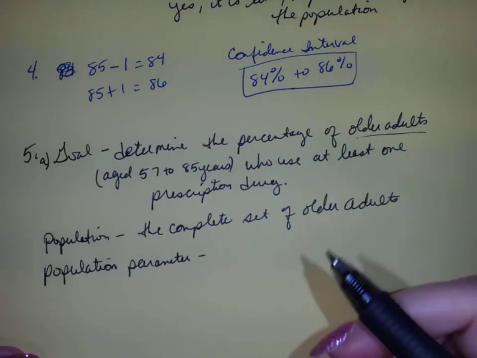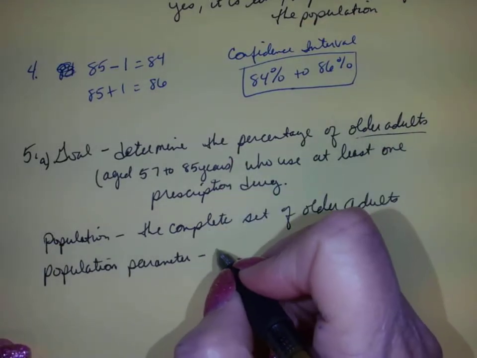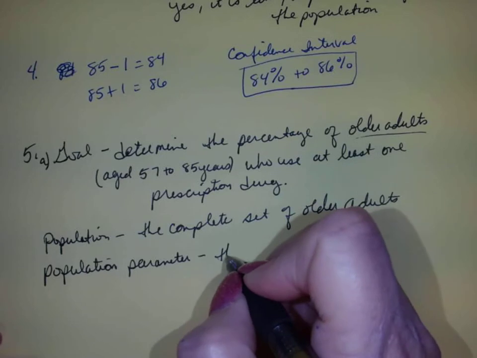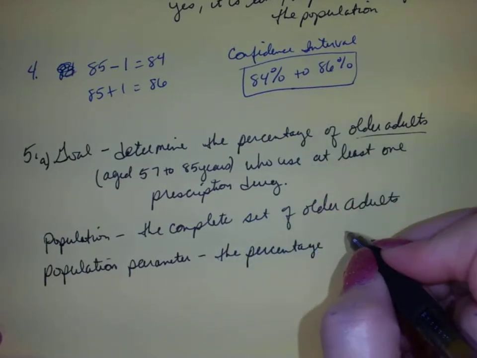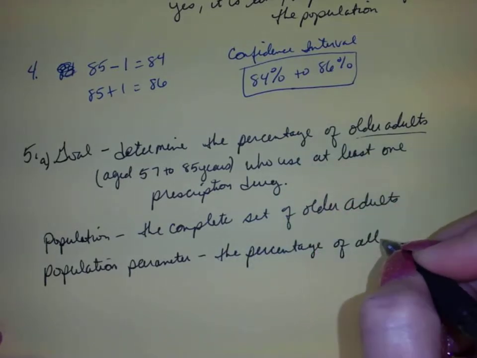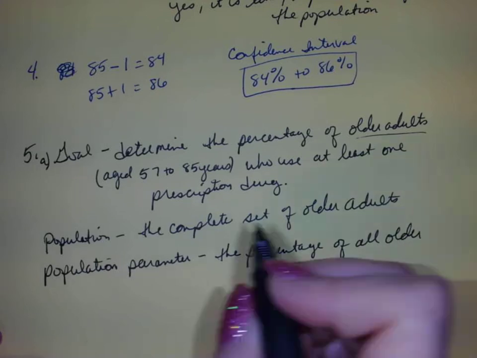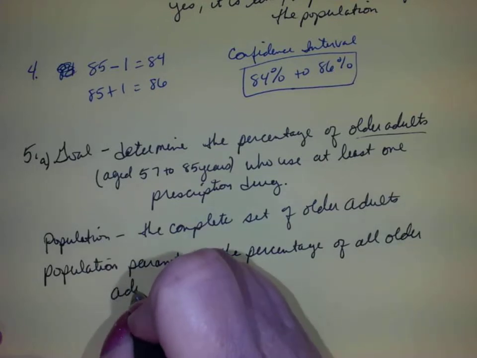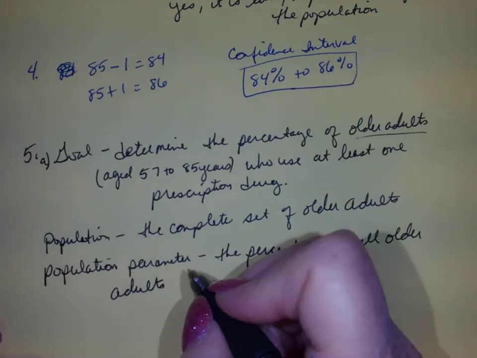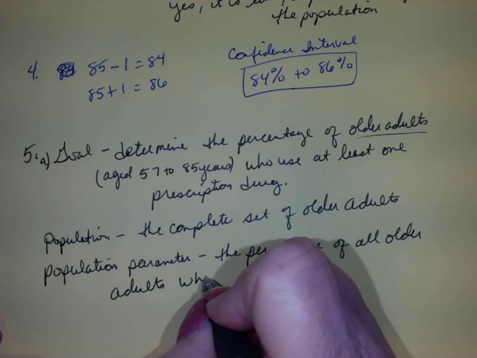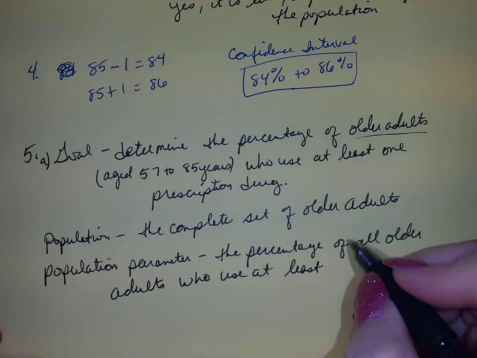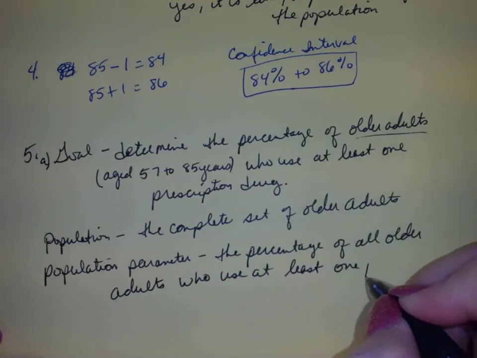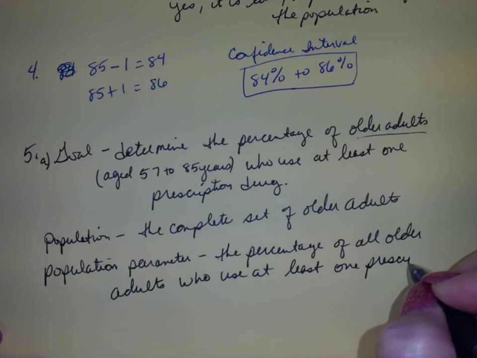So this is similar to our goal, right? We're kind of pulling parts of it out. So the percentage of all older adults who use at least one prescription drug.